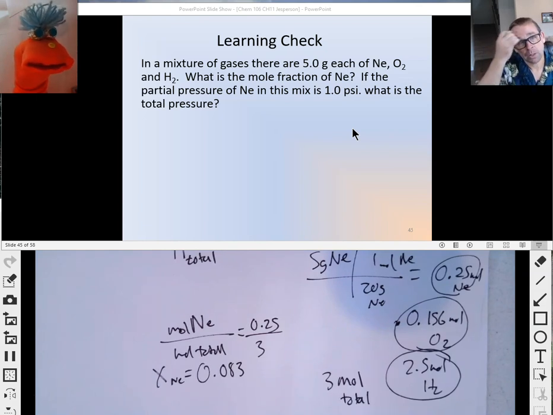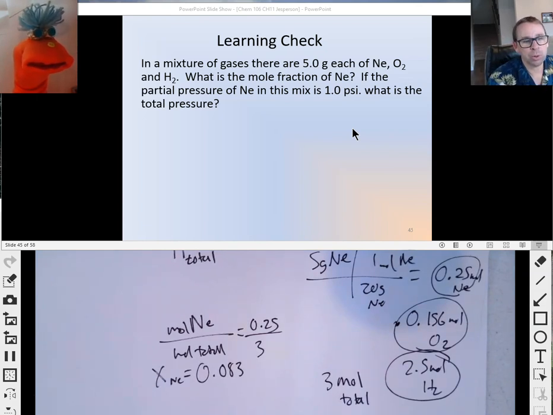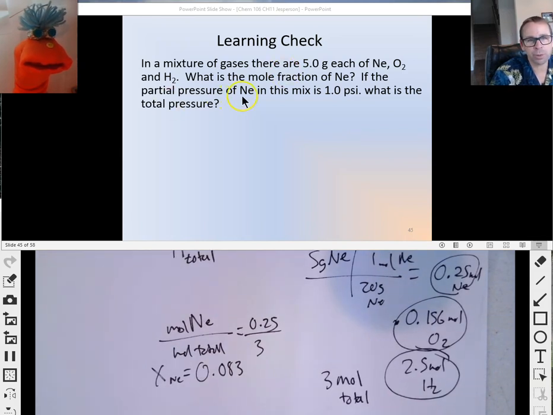Okay? So if I know the mole fraction of neon, and I know what they say here is the partial pressure of neon is 1 psi, what's the total pressure?